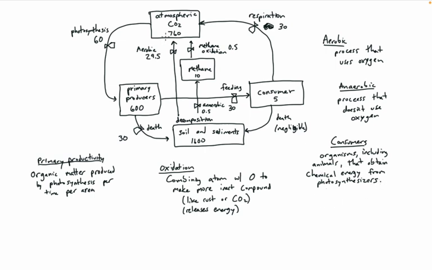Okay, so the primary producers do the work of producing the stuff, the carbohydrates that are high in energy, and those get used by the consumers.